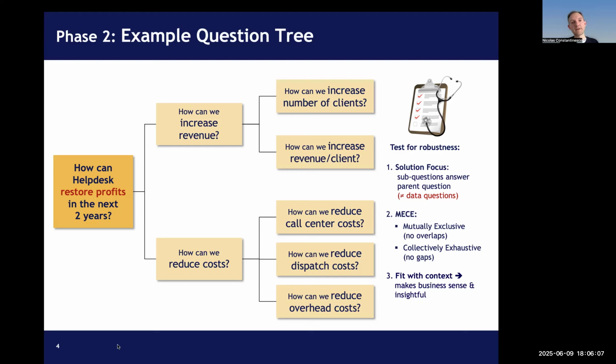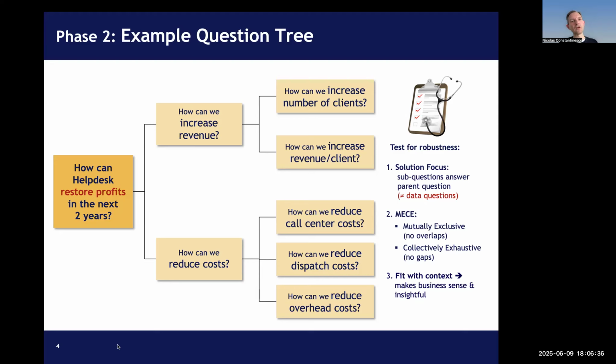Here we have the example of the case question that we've been using since the very beginning: how can Help Desk restore the profits? And we have the analytical breakdown. What makes this really good as a breakdown are those exact same things that we want to test it for. Essentially 3 things. The first is that it's solution focused.